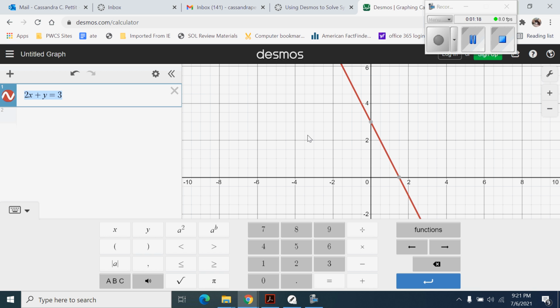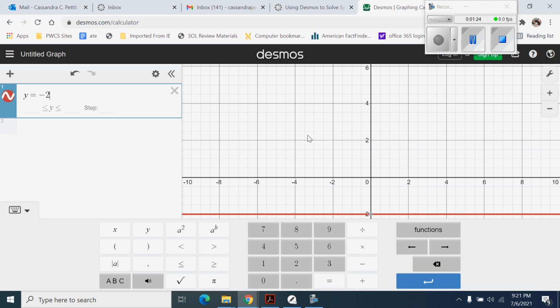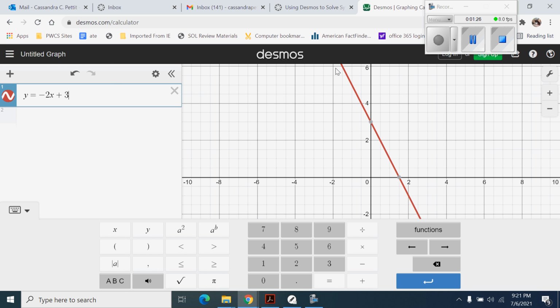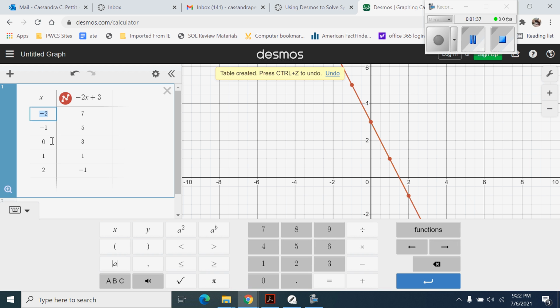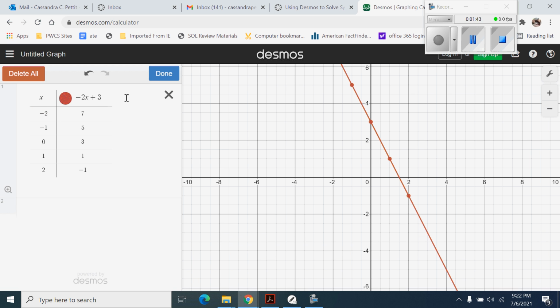Remember, this is the same line as y is equal to negative 2x plus 3. Okay, so again, here's our line, our y-intercept and our x-intercept. And I can come up with points on that line using the table function under my wheel.